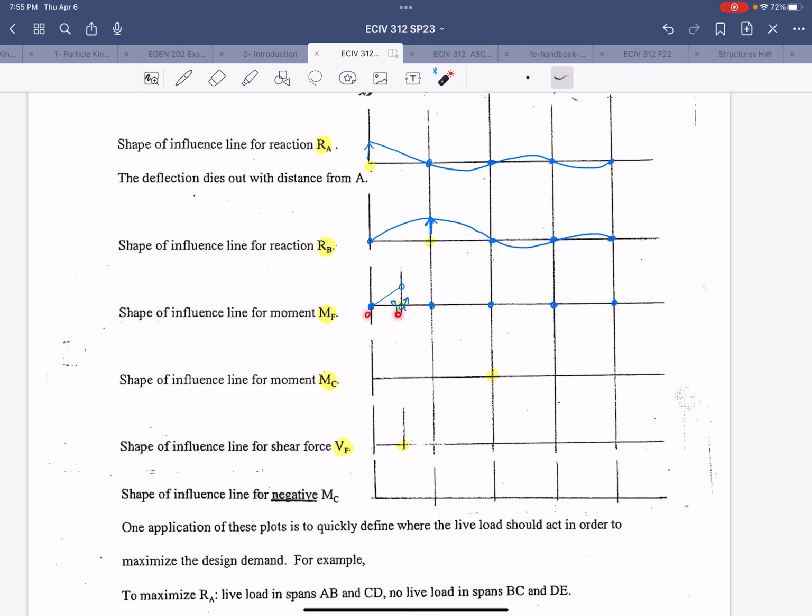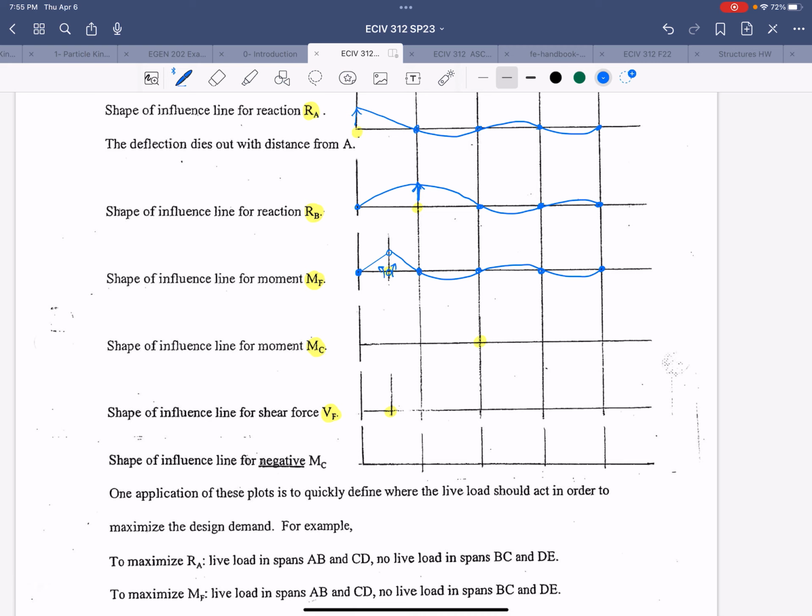The rest of the beam, right, the other side of the segment, is stable on its own vertically. So this will be all curved.